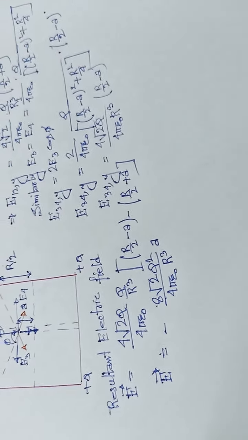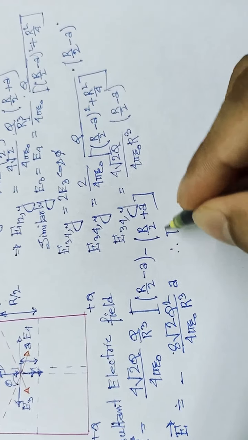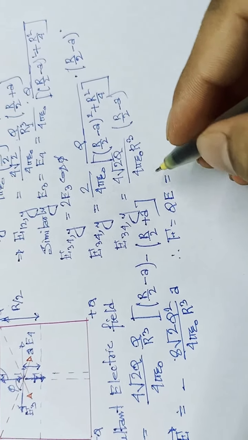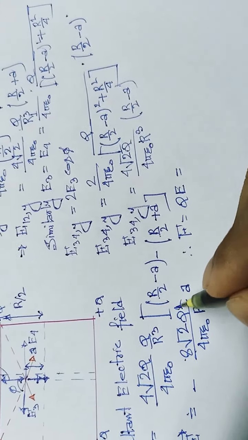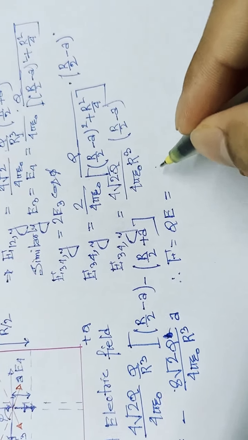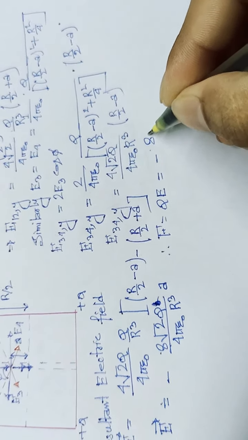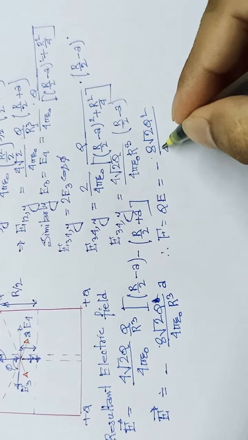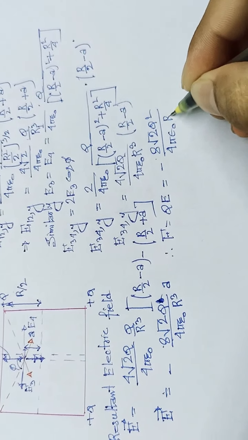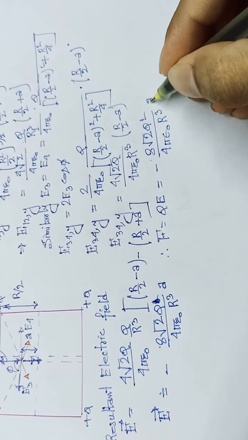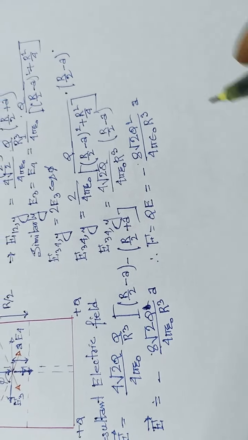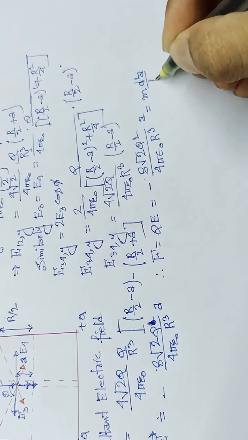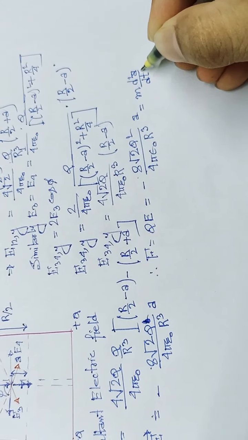Now this electrostatic force will be, as we know, F equal to Q into E. So therefore the value of our electrostatic force will be minus 8 root 2 Q square divided by 4 pi epsilon naught R cube into A. Now again from Newton's law we can write this force will be equal to m into d2A with respect to dt square.